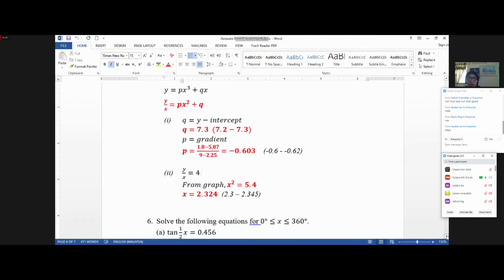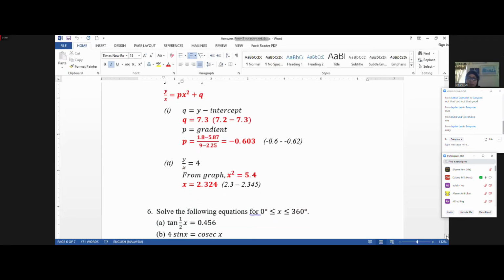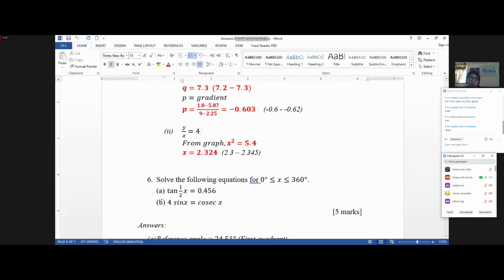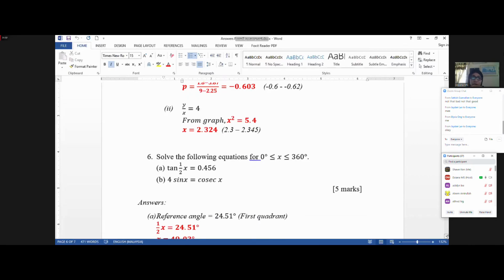Those who did my exercise just before the online assessment, 6A is almost the same, but last time I think it was cos, but this one is tangent. So for tangent half x equals 0.456, you just find the reference angle, which is 24.51. Half x, meaning that is until 180.